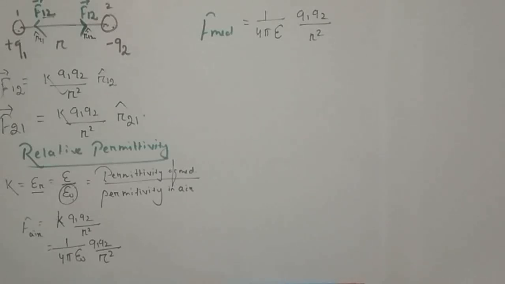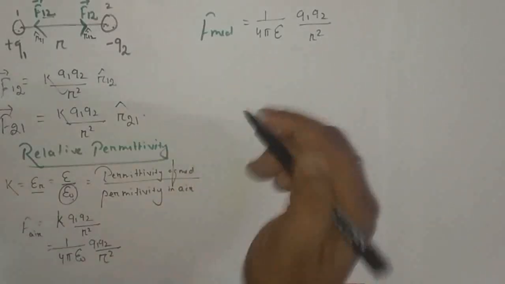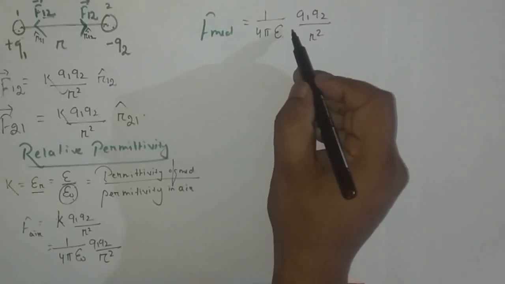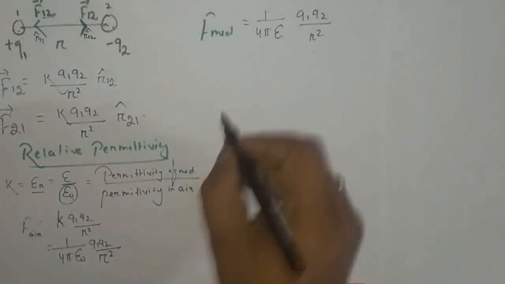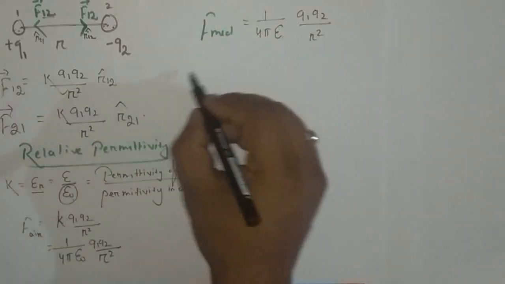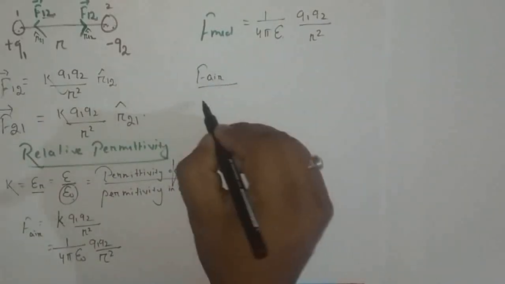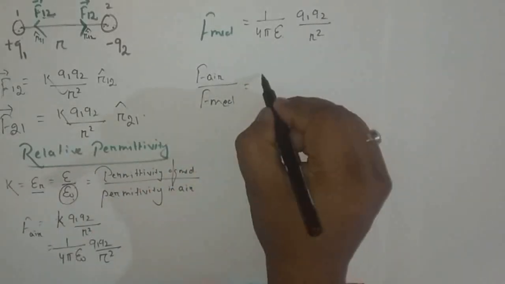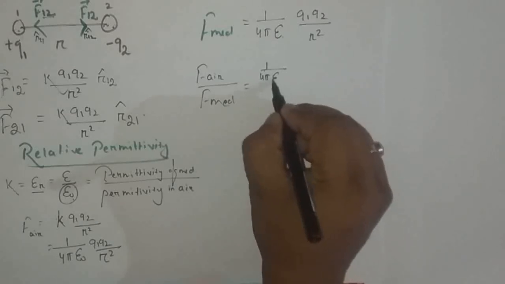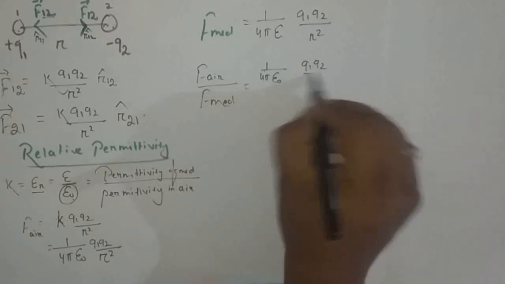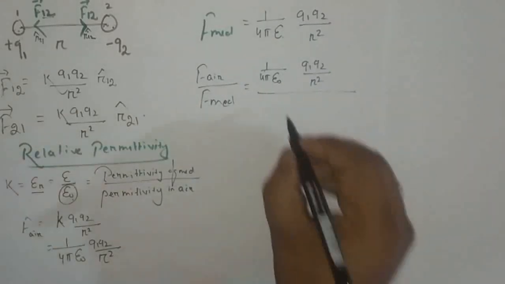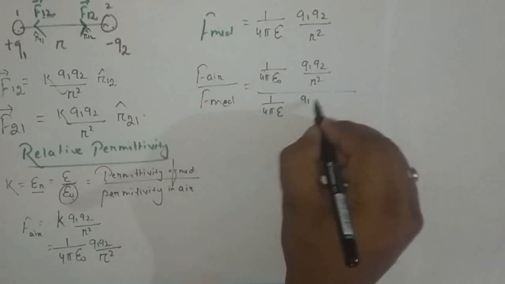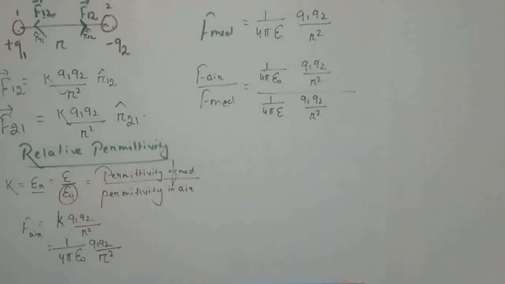Now, if it is for a medium, let us divide. You can also write epsilon as epsilon naught into epsilon r. So I divide the force in air by the force in medium: 1 by 4 pi epsilon naught Q1 Q2 by R square, divided by 1 by 4 pi epsilon Q1 Q2 by R square.